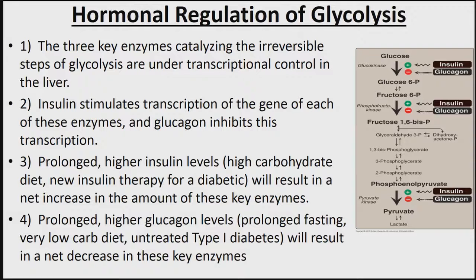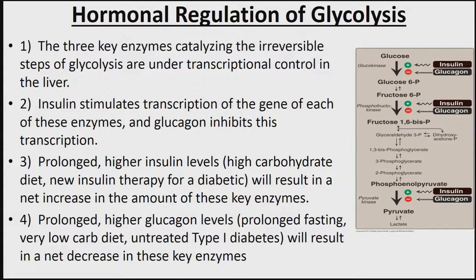Whereas conversely, if you have a high carbohydrate diet, for example, for prolonged, and remember this has to be for a prolonged period of time in both situations, you would actually increase expression of those enzymes because you're sending a lot of things through that glycolytic pathway. Okay?